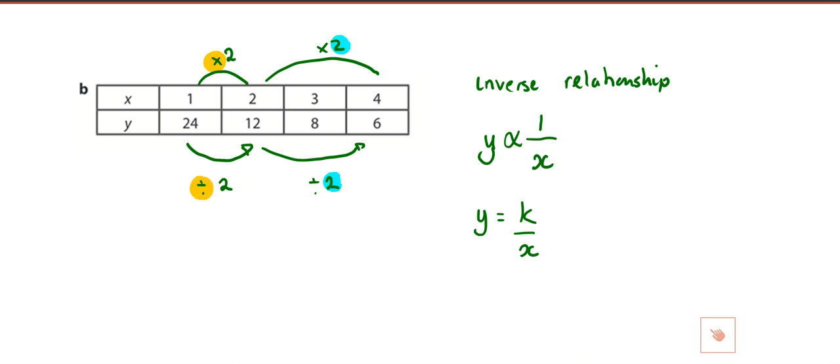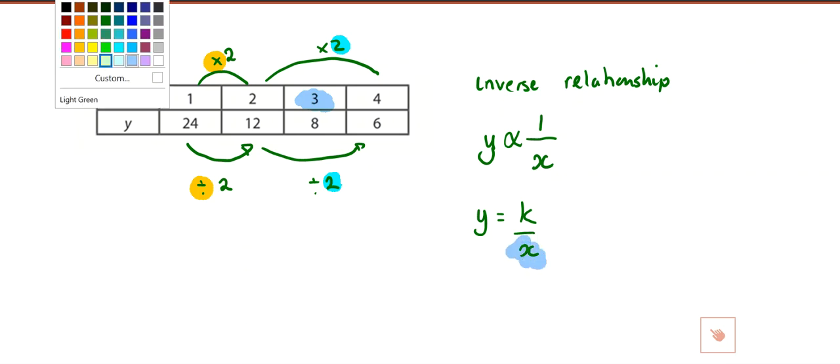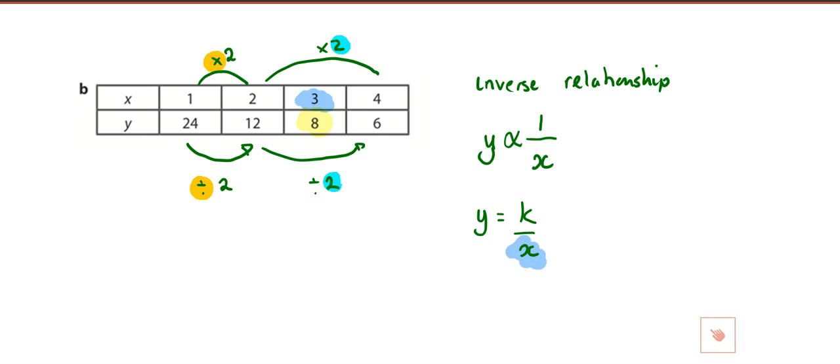So, for instance, let's use 3 and 8. I'll do some colour coordinating. 3 is which one here? X. Okay. And 8 is Y. So are you happy I can replace it like this? So I can say 8 equals k divided by 3.